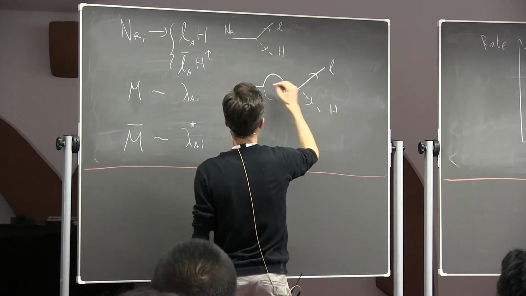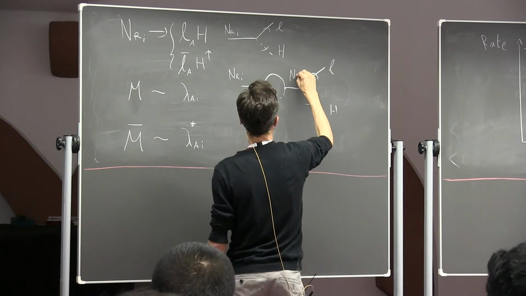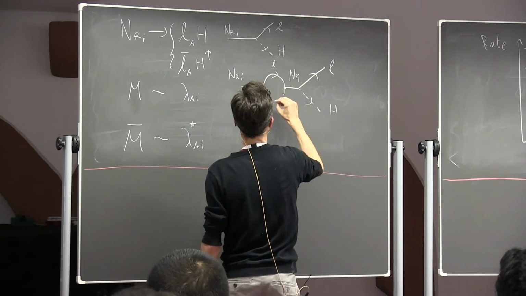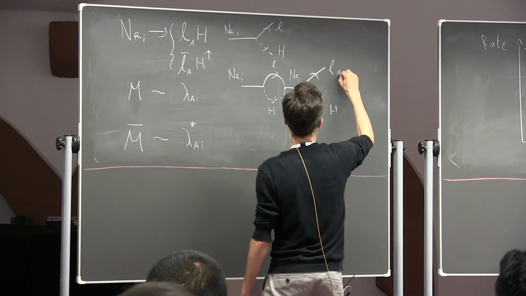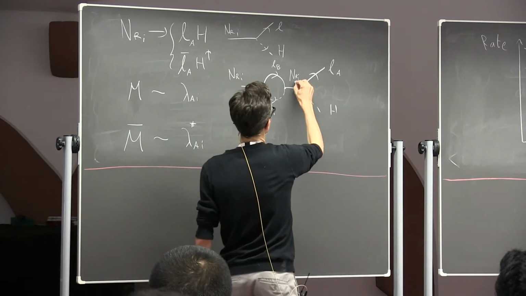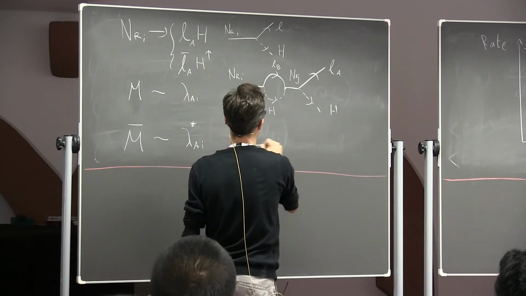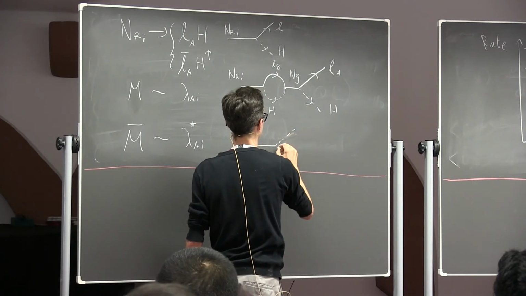So I get extra contributions like this, and then I can also get extra vertex corrections. Actually, sorry, this is the Higgs here.